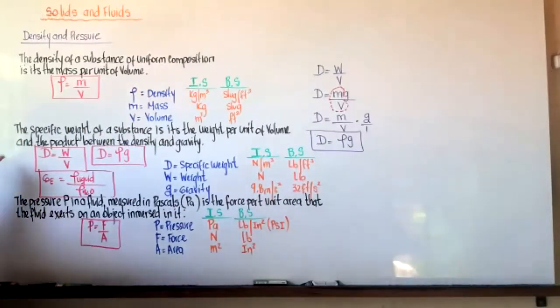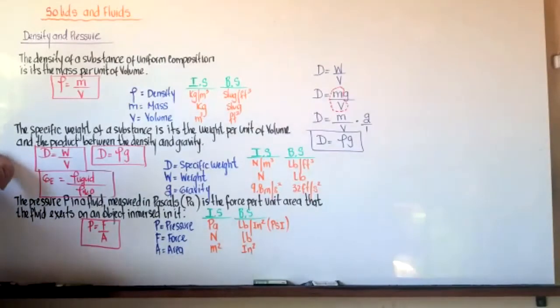For that reason, if you really want to know that percentage, the specific gravity is the percentage of the density of water that anybody has in a singular situation. The specific gravity doesn't have units because it's a number.